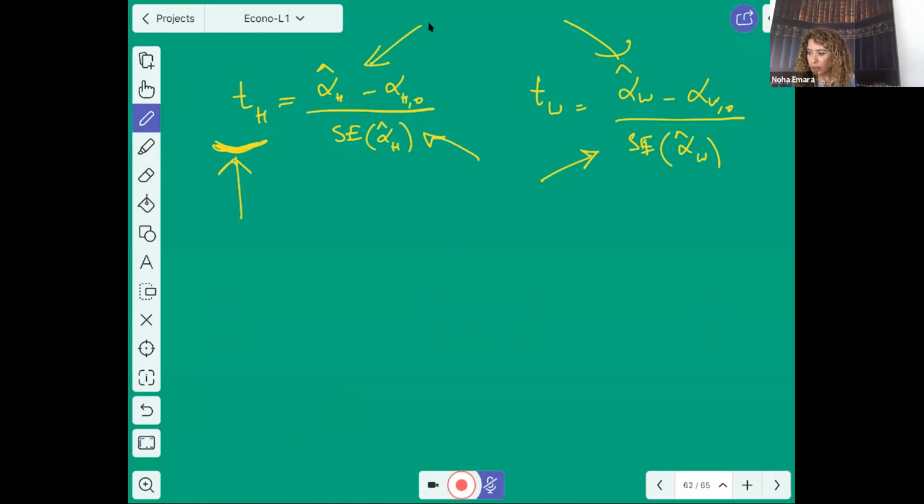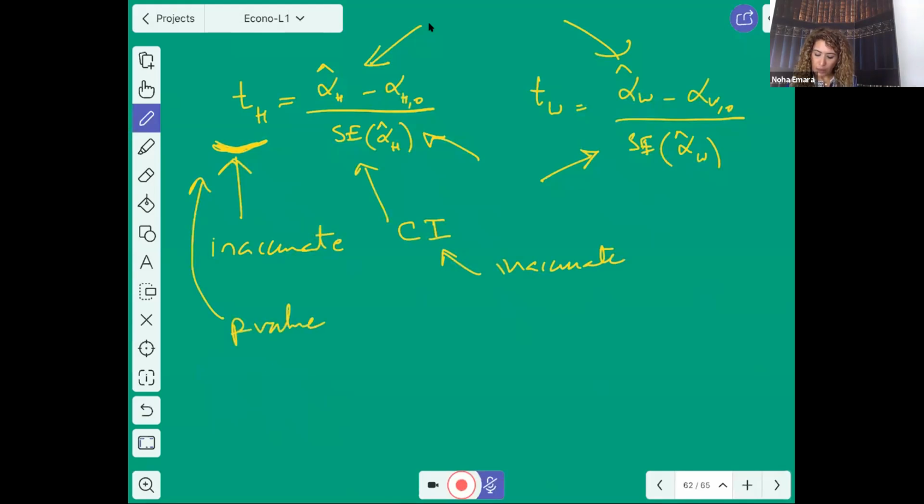So the t-statistic is inaccurate because it depends on the coefficient and the standard error. And if you remember, it is used to compute the confidence interval, then inaccurate. The t-statistic is also used to compute the p-value, then inaccurate.